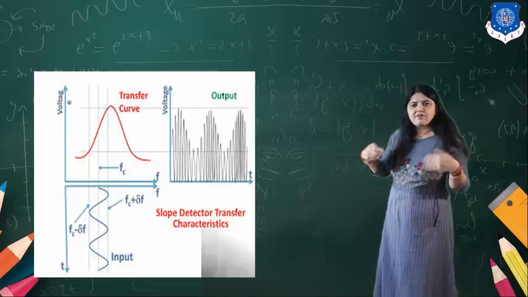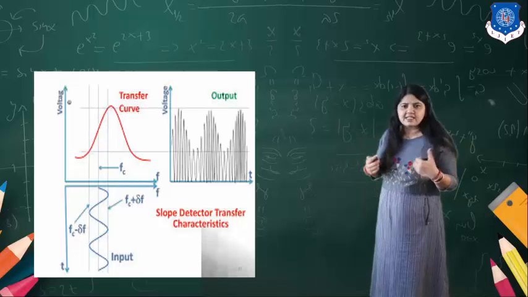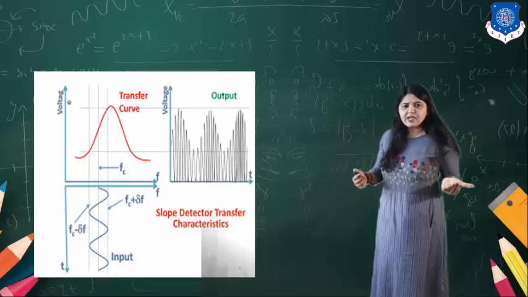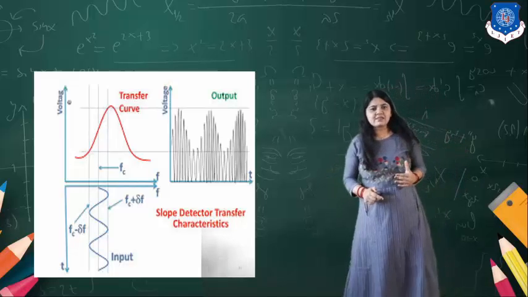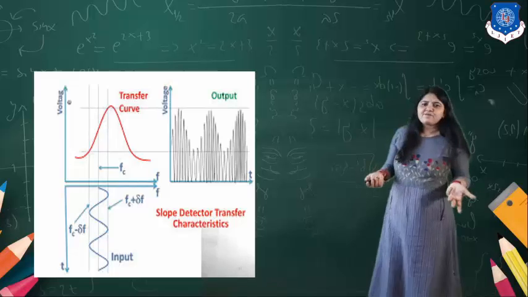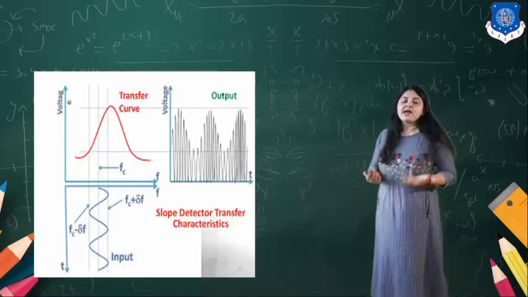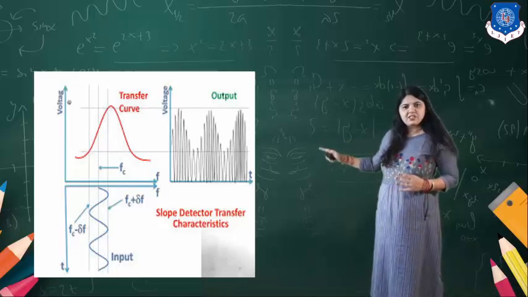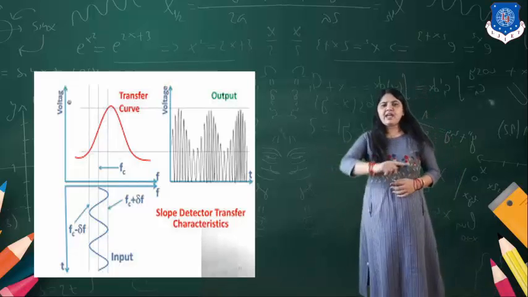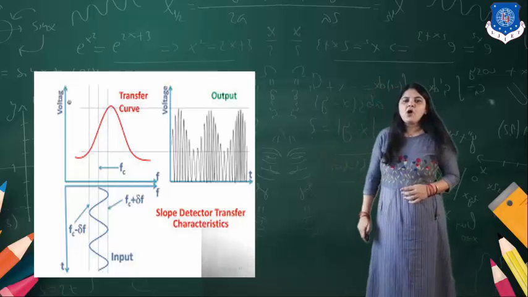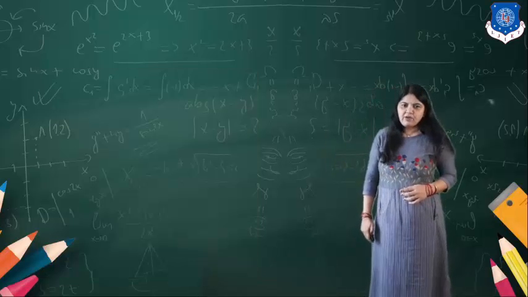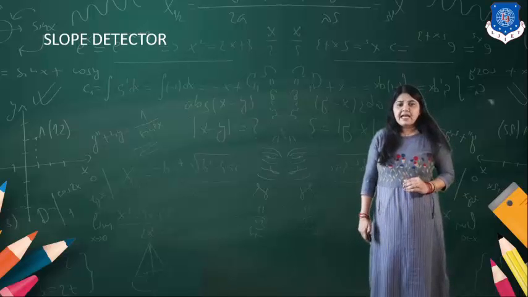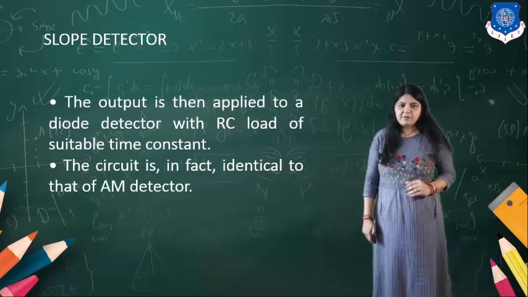So when the capacitance value is changed, the frequency changes. The change in the frequency we are determining is Fc plus delta F and Fc minus delta F, and according to that we can find the variation in the amplitude, and we can detect the slope of the particular wave. So this gives us the output, that is, the original information.